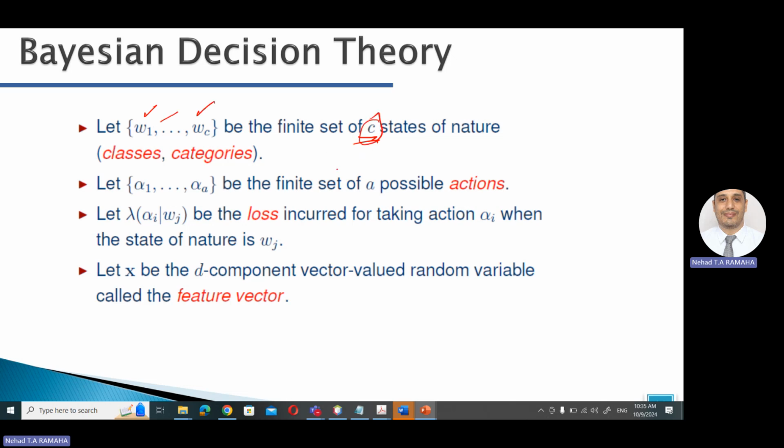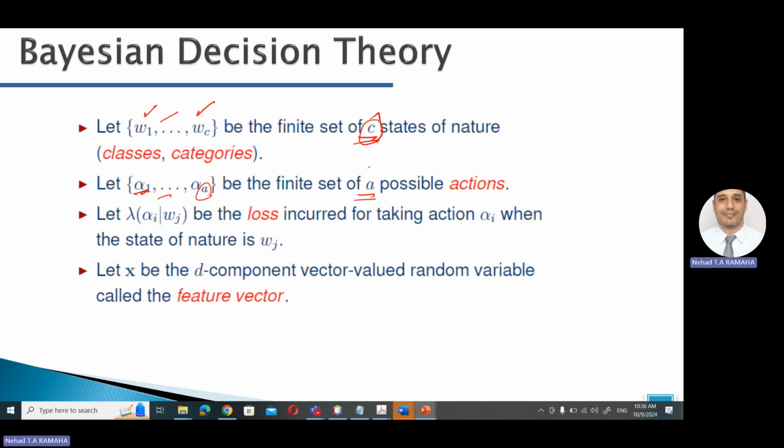See here, C is the number of states or number of classes. Okay. And here we will take the action into consideration. We will name the action here as alpha. So we could have more than one action, alpha 1, alpha 2, until alpha A.